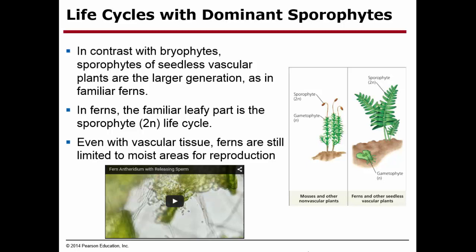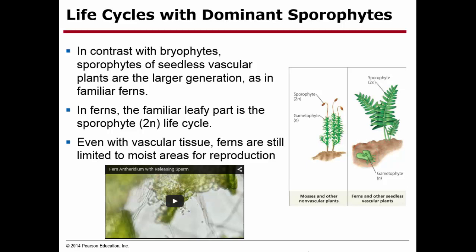In ferns and other seedless vascular plants, the plant spends about an equal amount of time as a gametophyte and as a sporophyte, but the sporophyte is considered to be the dominant generation because it's so much larger than the haploid gametophyte. The leafy structure that we see in the woods is the sporophyte, while the gametophyte is very inconspicuous and small, and this heart-shaped structure is rarely noticed on the forest floor.